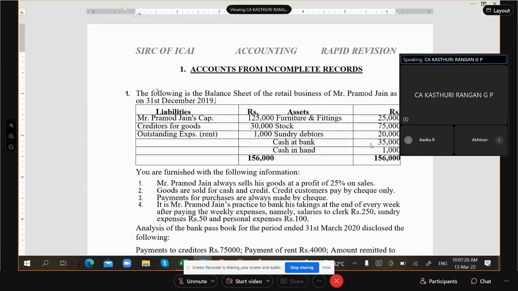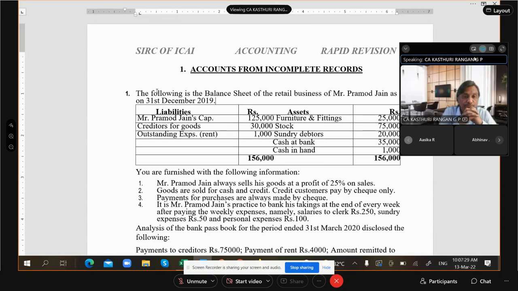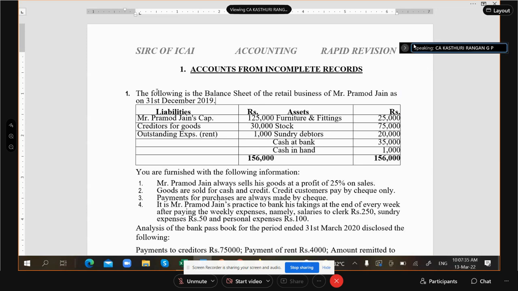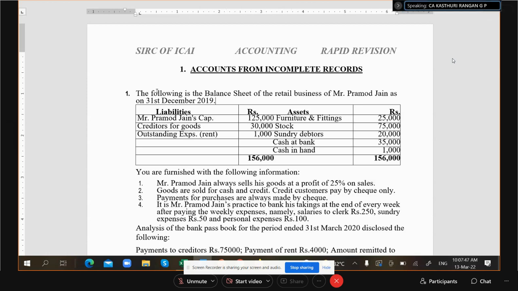And if necessary, we'll have to prepare some more working notes also. So in every problem, we'll have to prepare trading account, P&L account, balance sheet. That will be the first part of a solution, followed by the 4 working notes minimum. What are the 4 working notes? Opening balance sheet, cash and bank account, debtors account, creditors account.